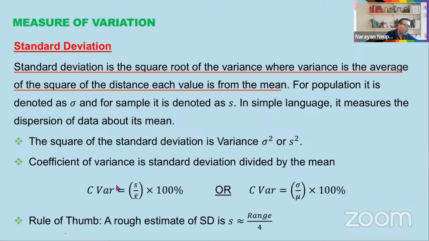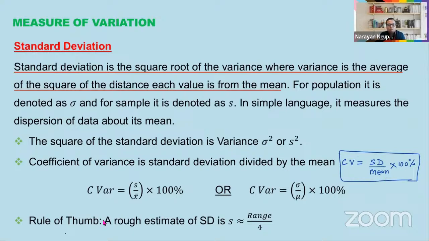You can just write a general formula. Coefficient of variance is equal to, you have to divide the standard deviation by mean and multiply that by 100 to get the result in percentage. Okay, coefficient of variance is equal to standard deviation over mean multiplied by 100.